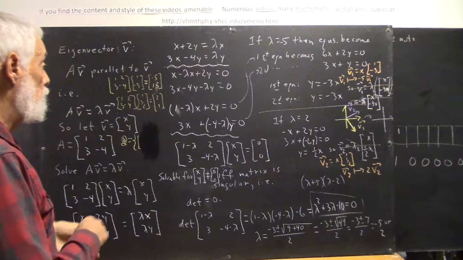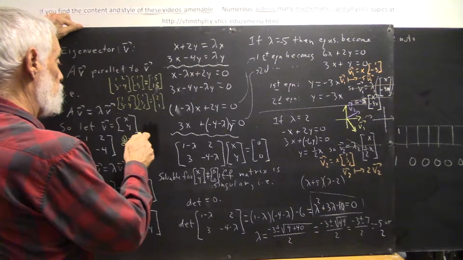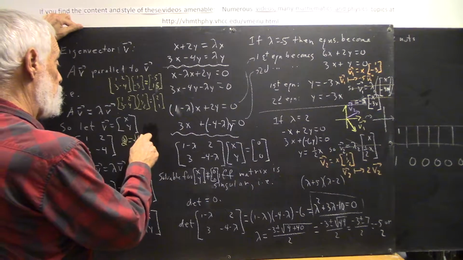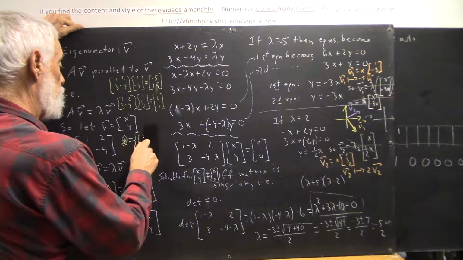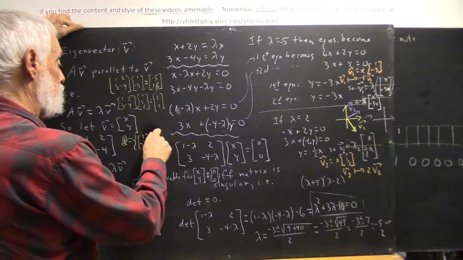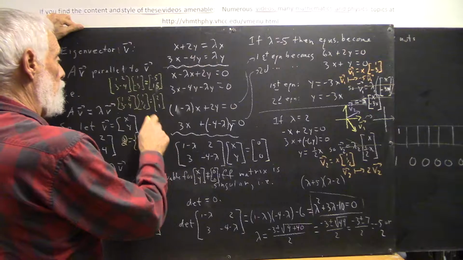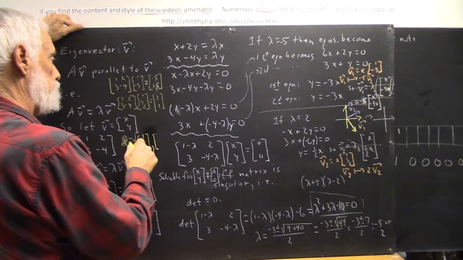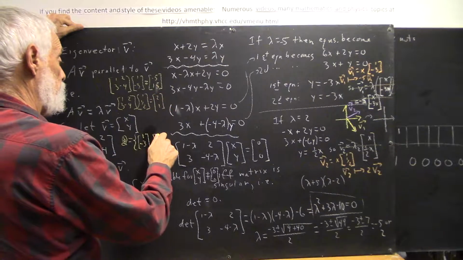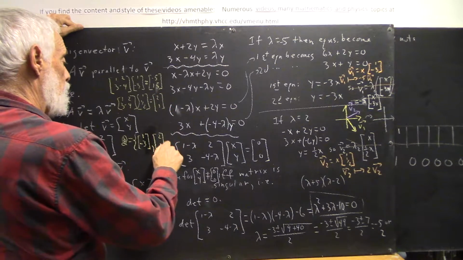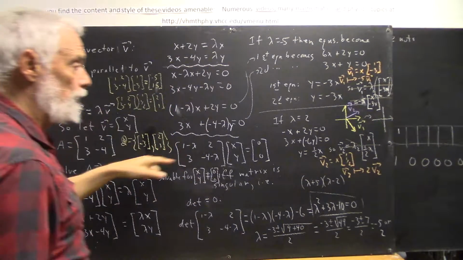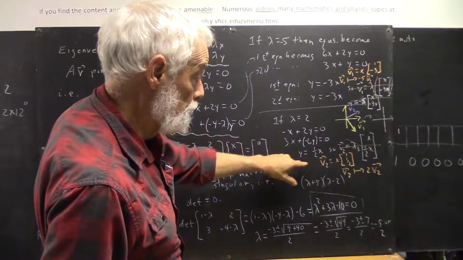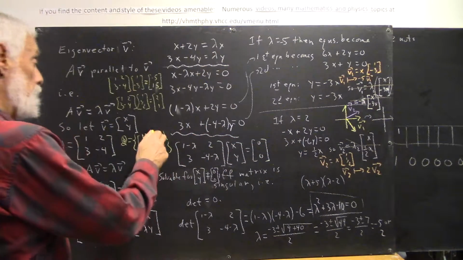Any multiple of 1, negative 3 would work, but let's use 1, negative 3 because the numbers are about as small as they can be without being fractional. And we have 1, 1/2, and actually I'm going to use 2, 1. We can use any vector that satisfies this condition where y is 1/2 of x, so I'm going to choose 2, 1.